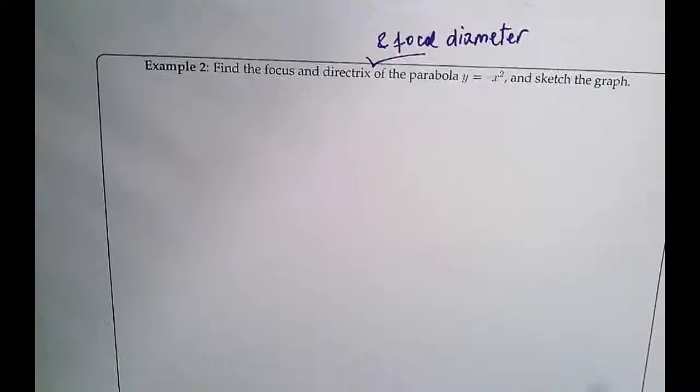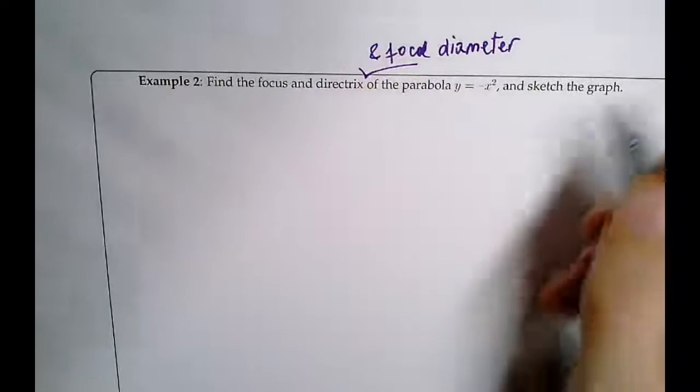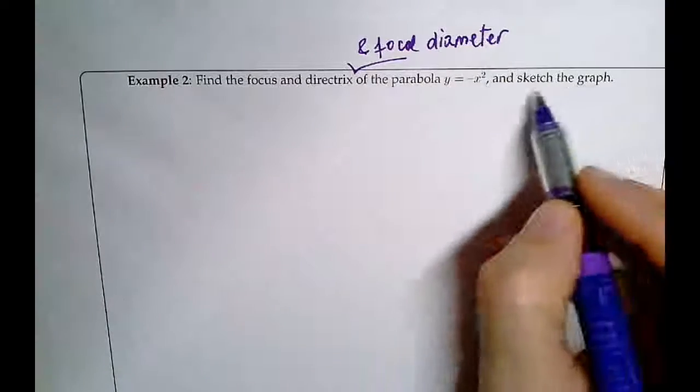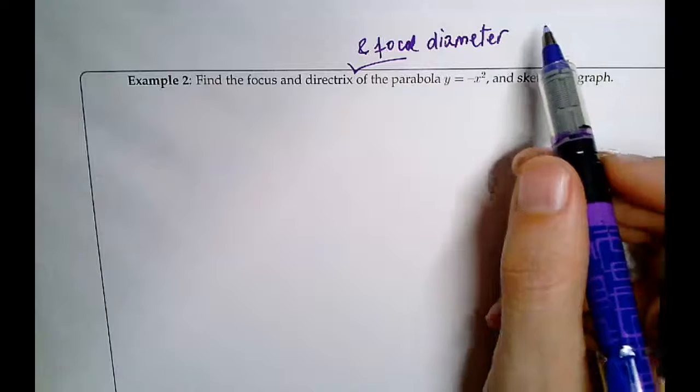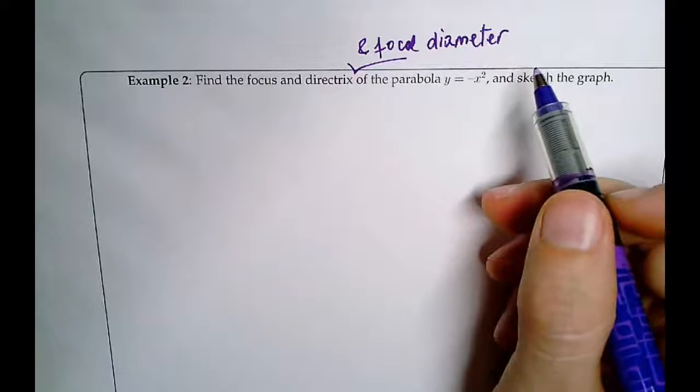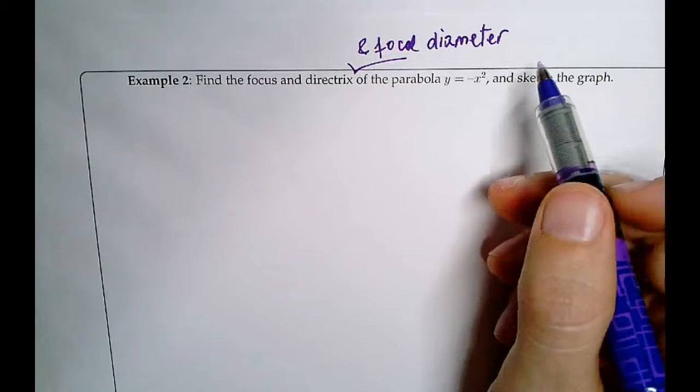And then let's find the focus and directrix of the parabola y equals negative x squared and sketch the graph. And also we're going to find the focal diameter. What is the focal diameter first? I forgot.